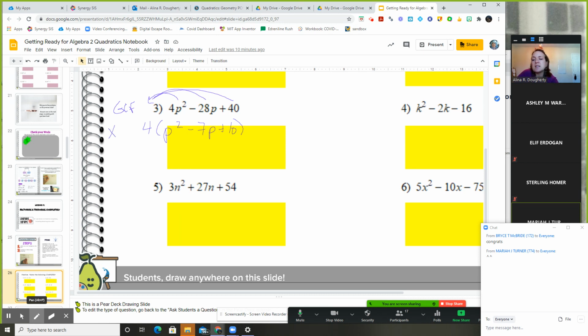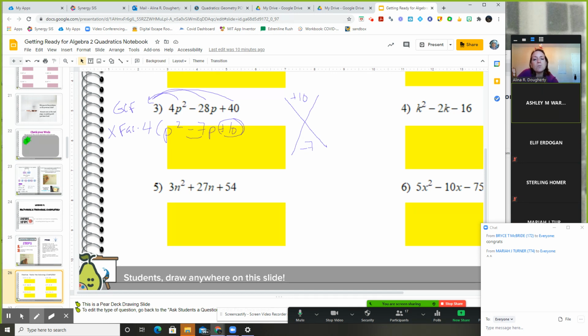So then we want to do the X factor. What goes at the top of my X puzzle? The 10, because I factored out the 4. So yeah, we want to do the plus 10. And then what goes at the bottom? The negative 7 for sure.